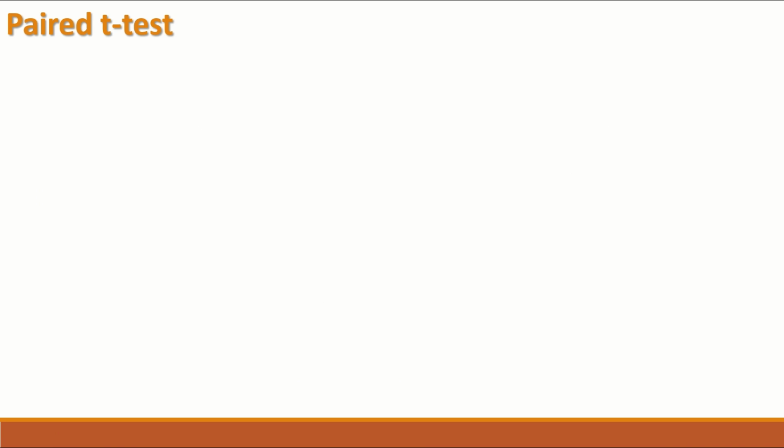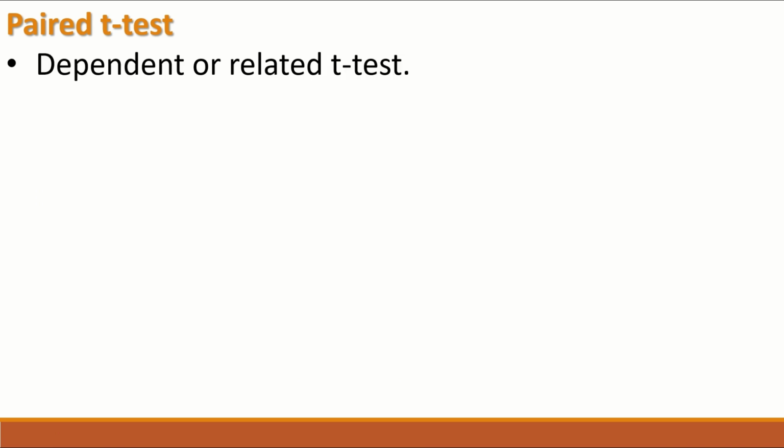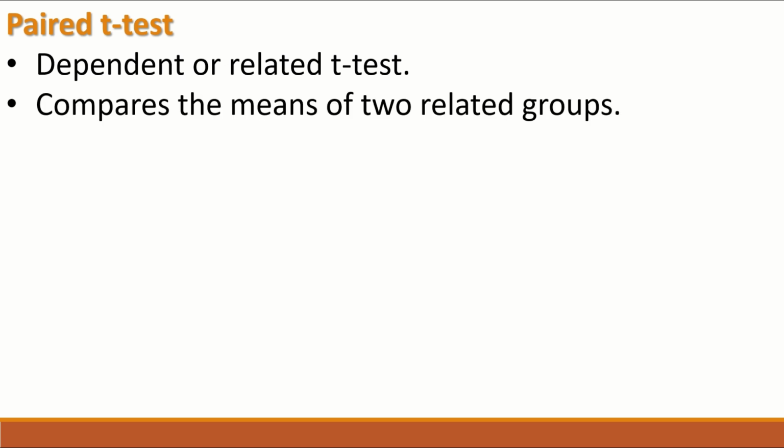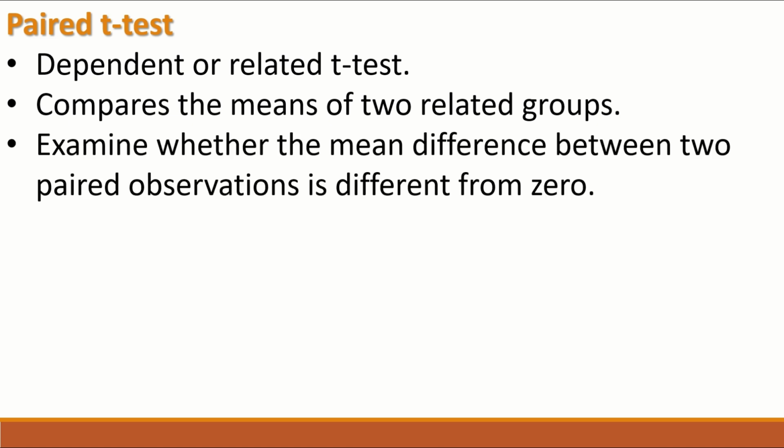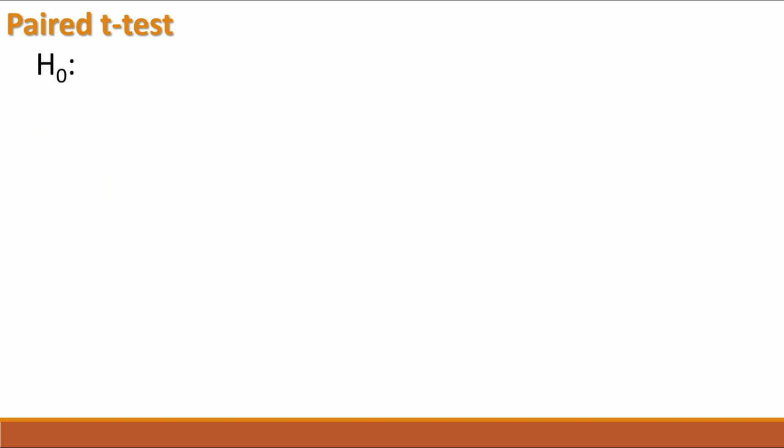So the paired t-test, alternatively called the dependent or related t-test, will compare the mean of two related groups. It will examine whether the mean difference between two paired observations is different from zero.